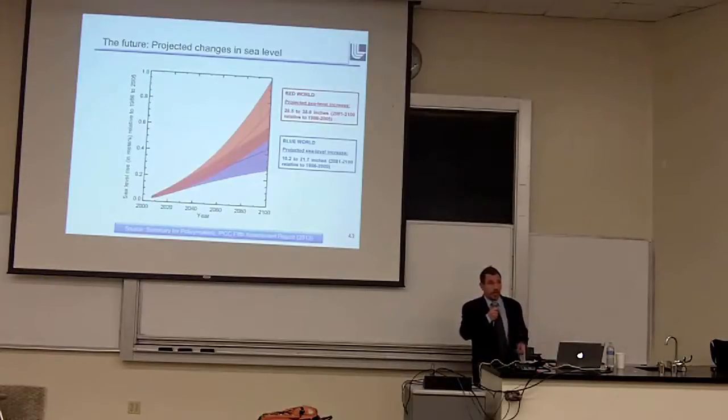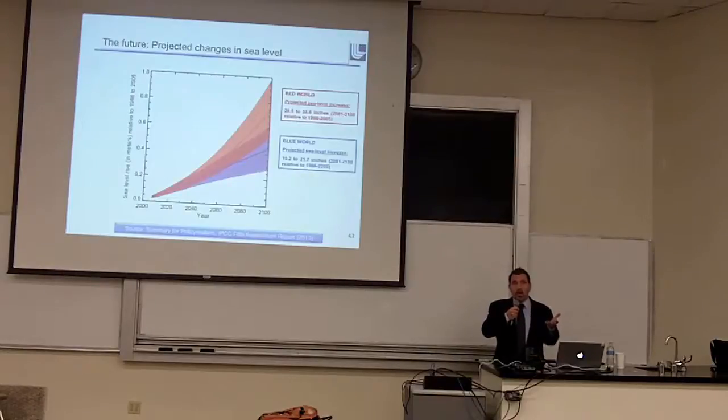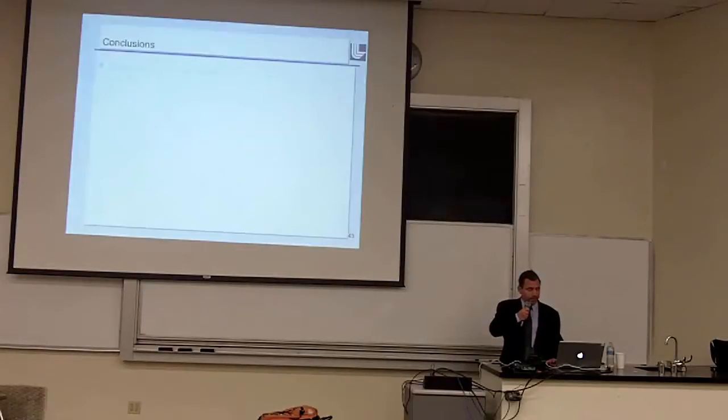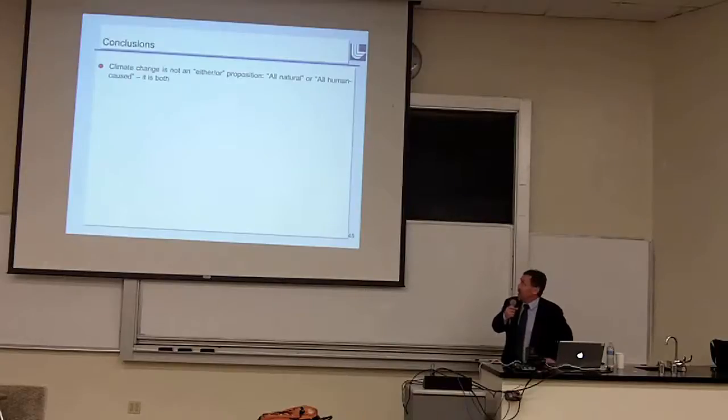And I would argue that these projections are relatively conservative because for successive IPCC reports, it's been difficult to estimate and characterize the contribution to sea level rise from land ice sheets, and the contribution to sea level rise from thermal expansion, from the warming of the oceans, is much better understood. So it's entirely possible that these estimates are erring on the conservative side and not alarmist, as the IPCC is often accused of being.